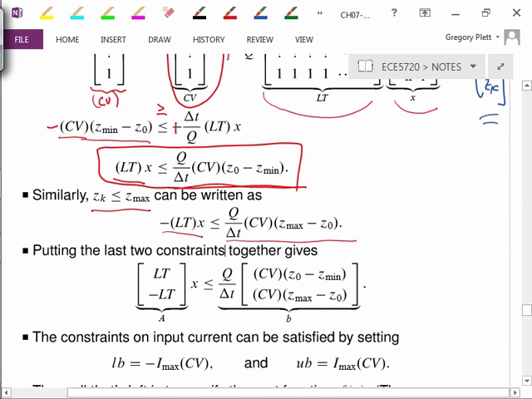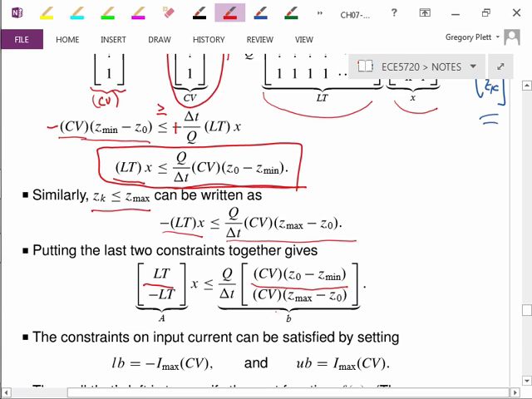Putting the two constraints that require that the state of charge be bigger than Zmin but less than Zmax together on top of each other, I stack these equations. So I have Lt times X less than or equal to Q over delta T times Cv times Z0 minus Zmin is one set of equations, and negative Lt times X less than or equal to Q over delta T times Cv times Zmax minus Z0 is the other set of equations.